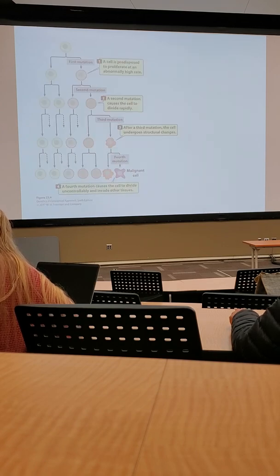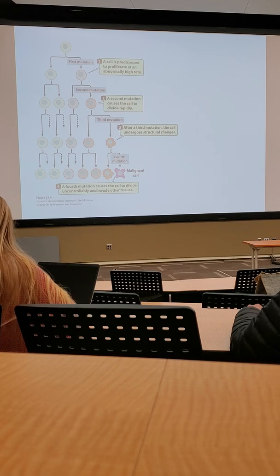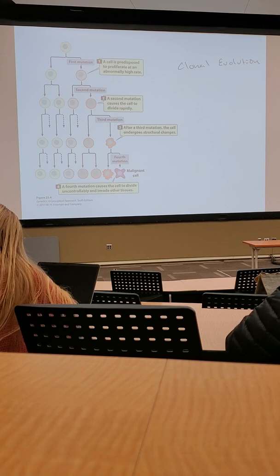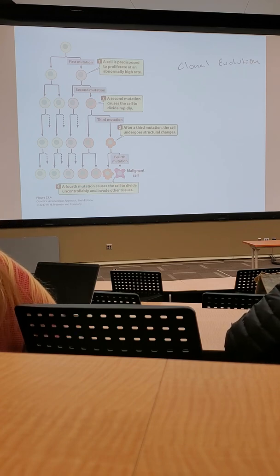So that's really important when you start thinking about clonal selection or clonal evolution. In this model of clonal evolution, it's really just the extension of Knudson's model. Knudson says you need multiple mutations to get to cancer, and this model of clonal evolution just says, well, what's the impact of that?